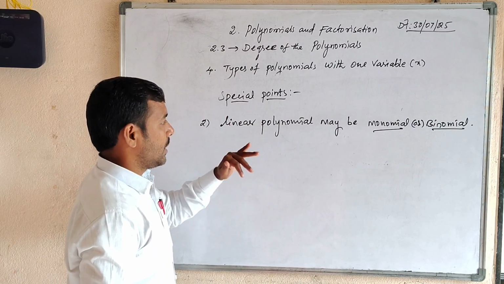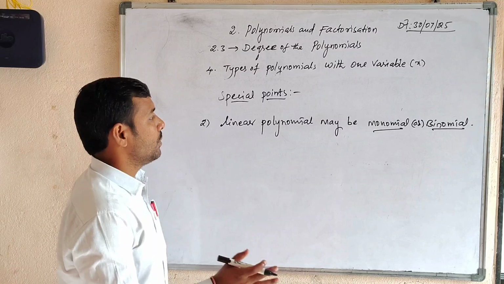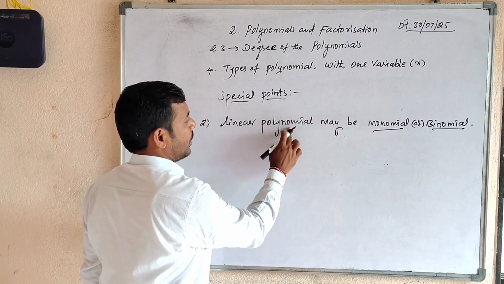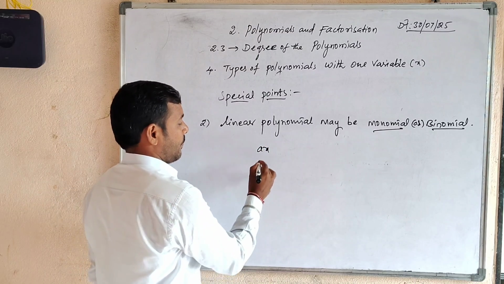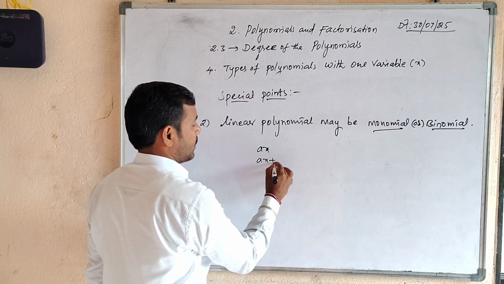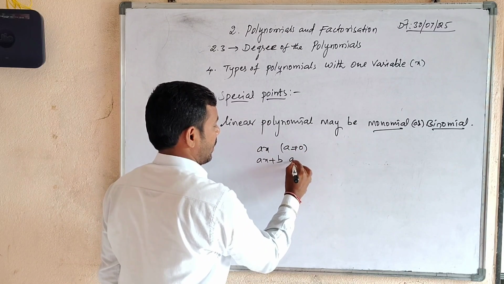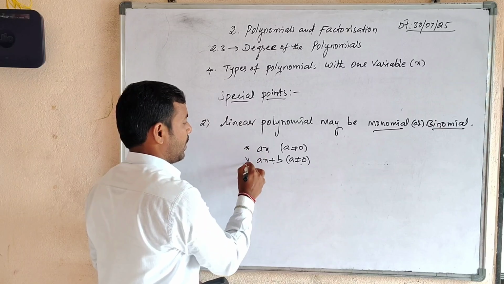To understand this statement, observe the situation. Linear polynomials: I want to write linear polynomials, ax plus b. Here a is not equal to 0. So I took two linear polynomials.